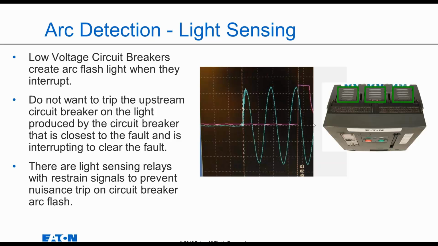And this is available in some of these relays, and it's a great option to have to prevent nuisance tripping just caused by normal arc flash coming out of the arc chutes of the circuit breaker. And that's an air circuit breaker on low voltage.